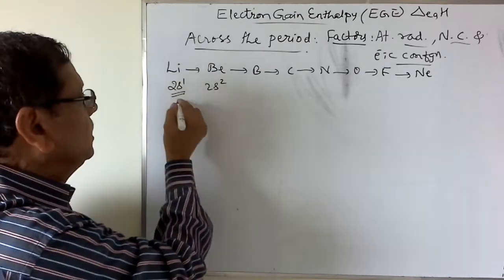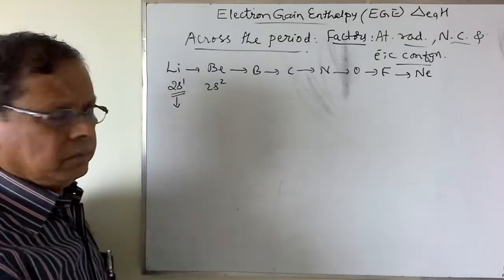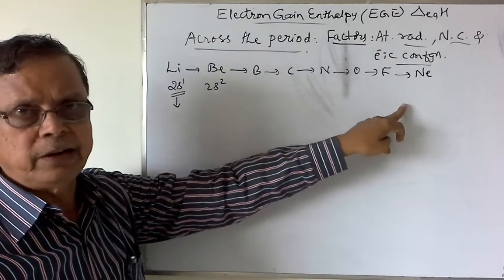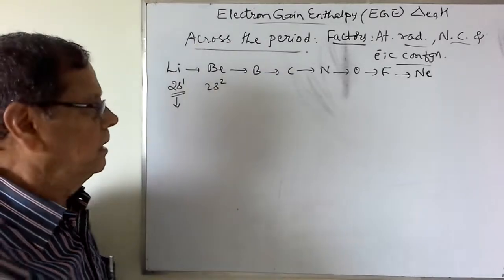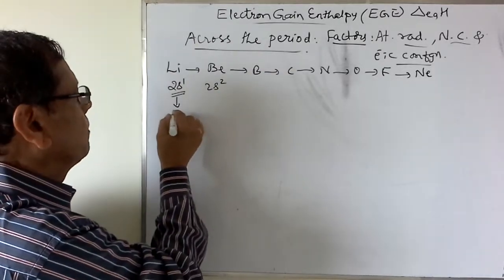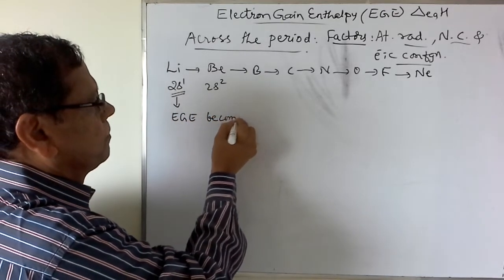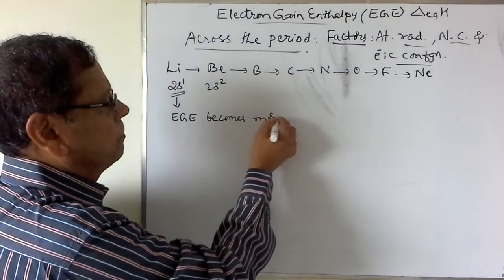That's why, when we move from lithium to the right side, the electron gain enthalpy becomes more and more negative.